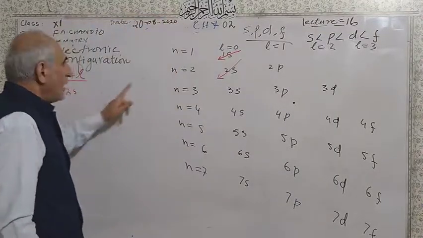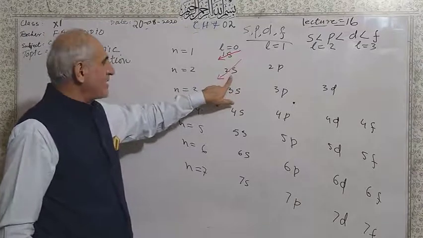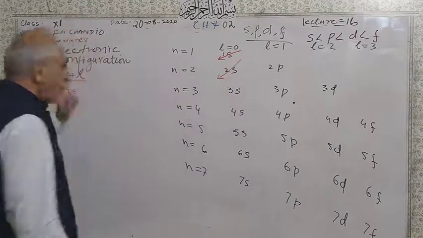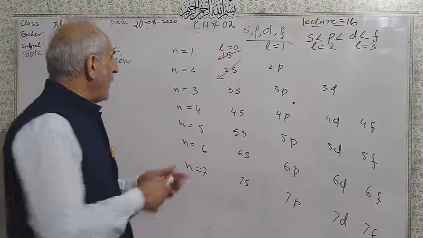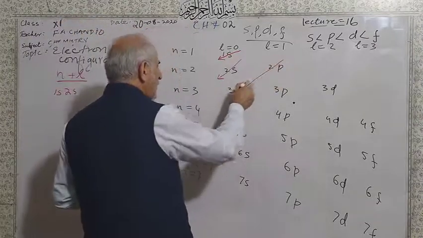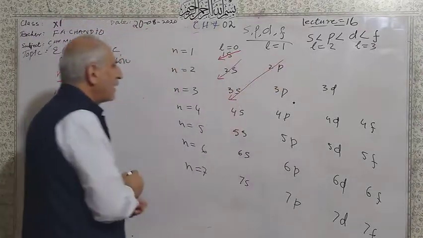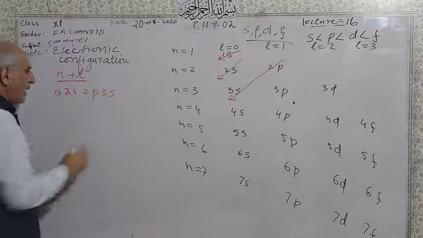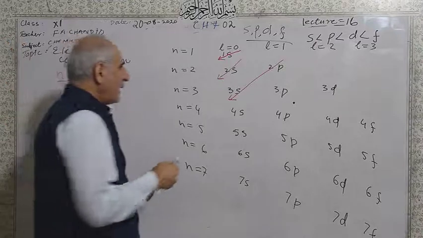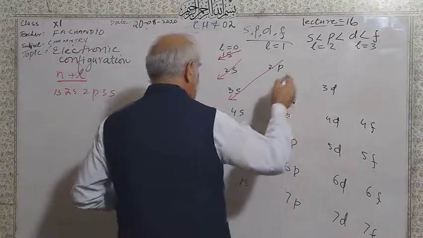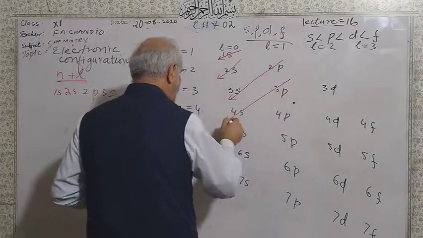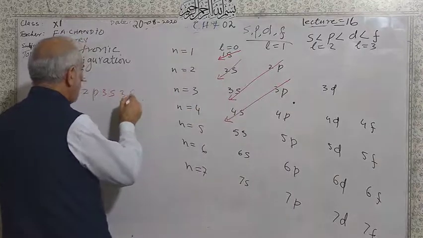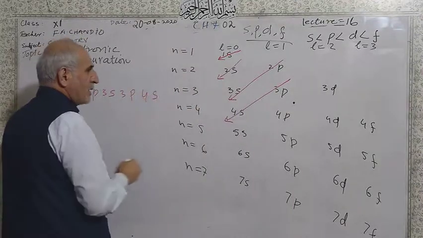Okay. Now students, then you have a 2s, according to n plus l rule. Then 2p and 3s. Then 3p, 4s.